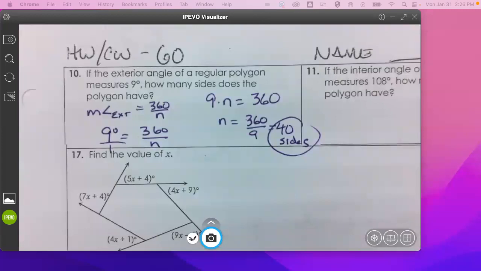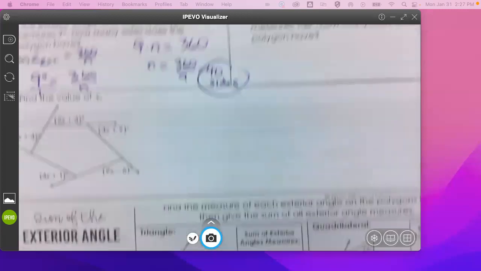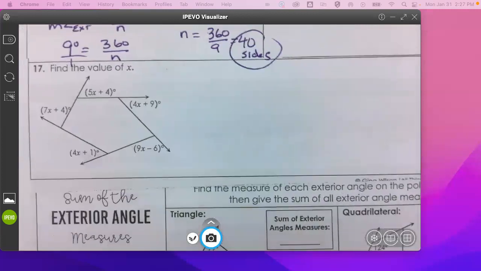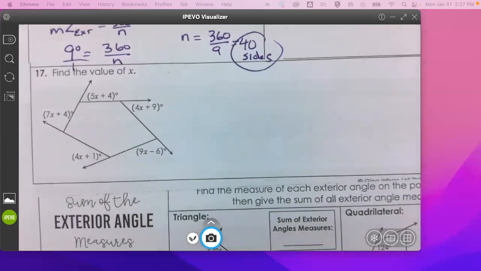Any questions on that one? Okay, let's take a look at 17. Looking at this picture, would you say you're dealing with interior angles or exterior angles? Exterior, for sure. Are you dealing with a single measure in a regular polygon, or does it look like we're dealing with a sum? Sum.